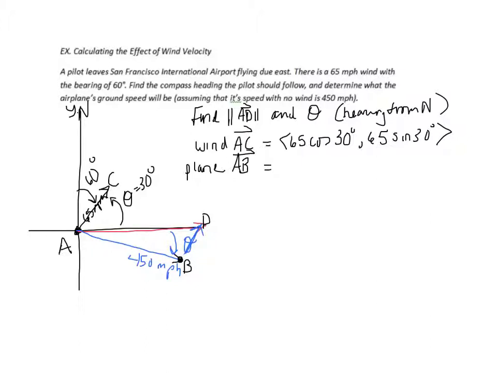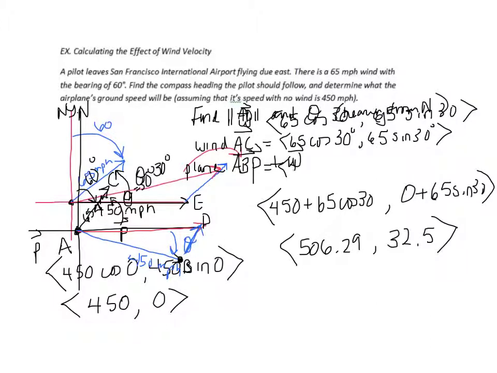This is going 450 miles per hour, but I don't know what the direction angle is, sine theta. So vector AD, the resultant, is of course the sum of the wind plus the airplane.